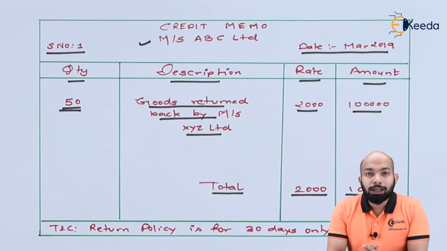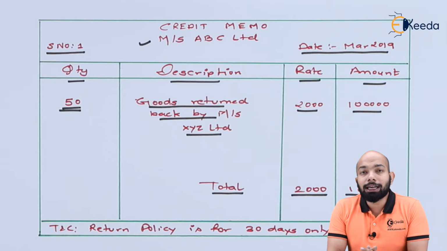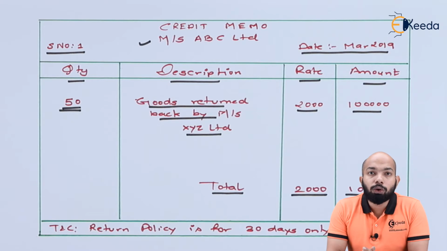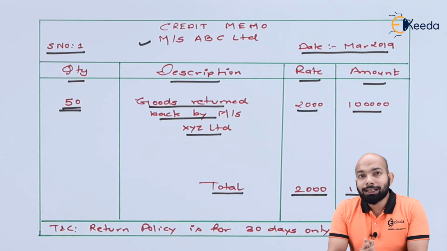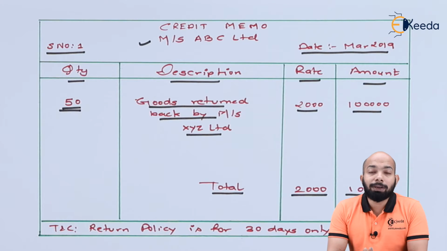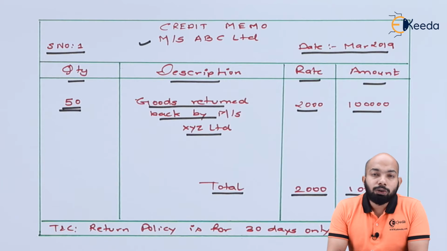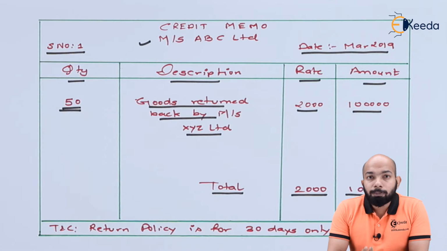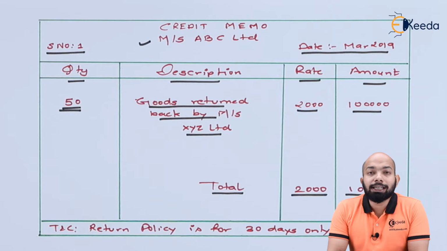Now we'll further go ahead and understand that the total amount mentioned here as 1 lakh, or the specific refund being given to the customer, is rupees 1 lakh. This can be either used for next purchases because the payment has been already made, or if he has to make the payment right now, he's supposed to make only a payment of rupees 1 lakh, as the bill amount or the invoice amount originally created was 2 lakh.